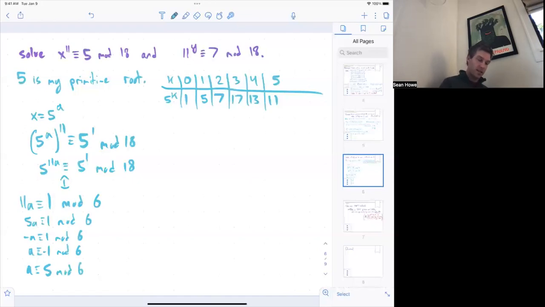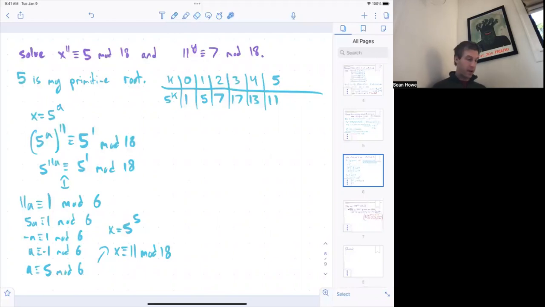Okay, so x equals 5 to the 5, because x is 5 to the a. So x is equal to 11 mod 18. If you compute 11 to the 11 mod 18, you should get 5.